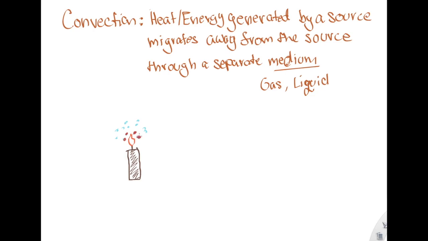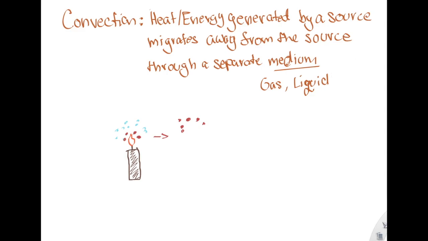And from other science classes, we know that hotter air is less dense than cold air. So what's going to happen, let's just zoom in on the air molecules. So what's going to happen is that at the top, we're going to have hot air.